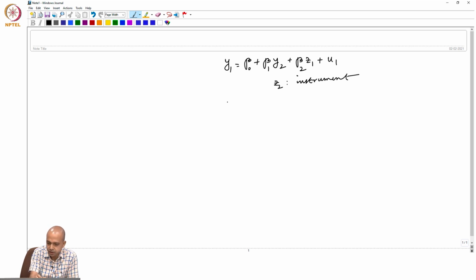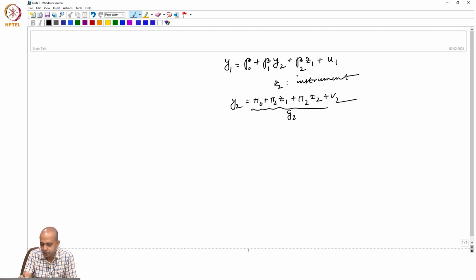What we are doing is running a reduced form equation, y2 equals pi 0 plus pi 1 z1 plus pi 2 z2 plus v2. So we get y2 hat and v2 hat.